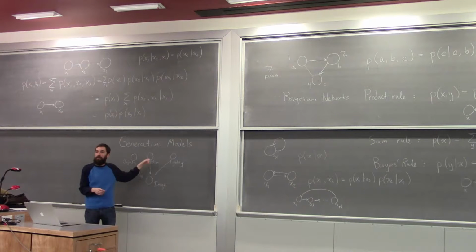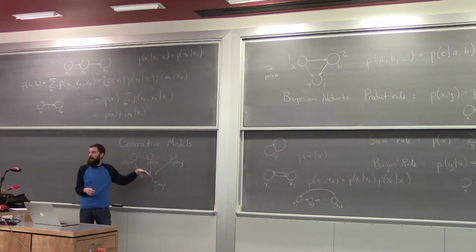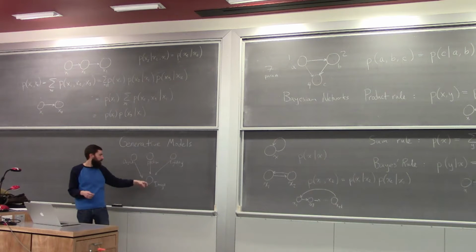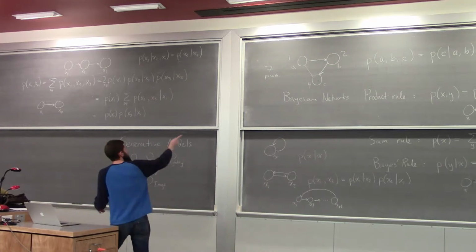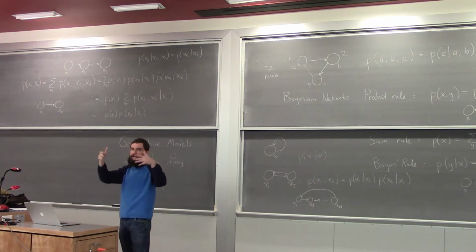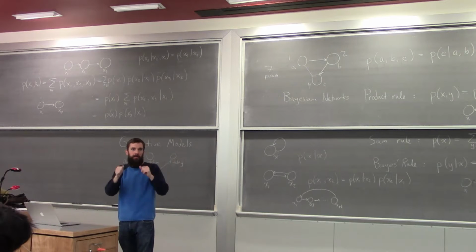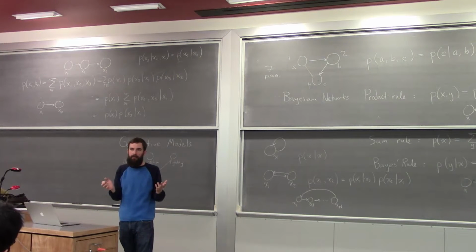So a generative model tells you what order to sample things in to generate the final thing at the bottom of your graphical model that has no output to it, if you will. We think of these arrows as representing how data was somehow generated. That's one way to think of these arrows.